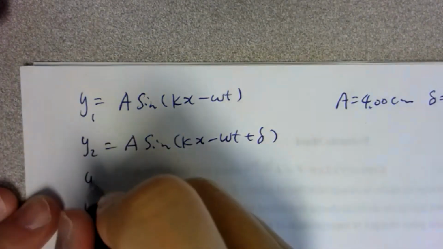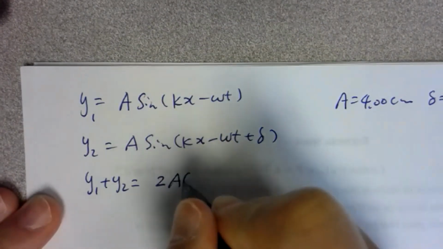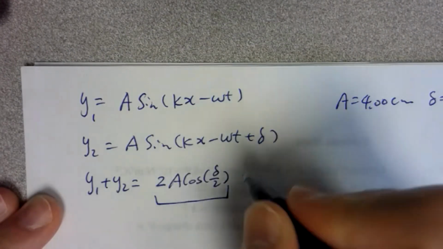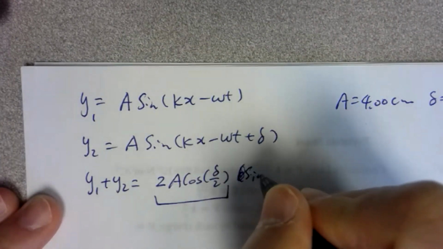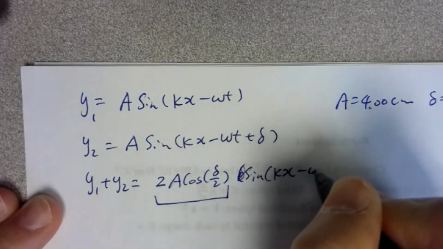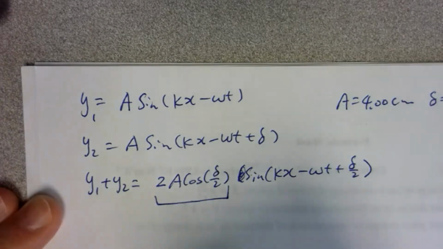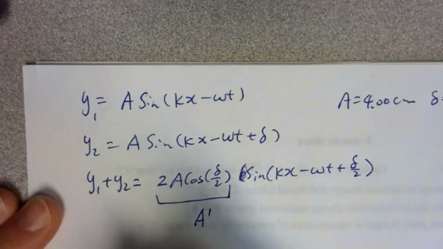We know that for y1 plus y2, the result is 2A cosine of delta over 2 times sine of kx minus omega t plus delta over 2. So this is the new amplitude, let's call it A prime.